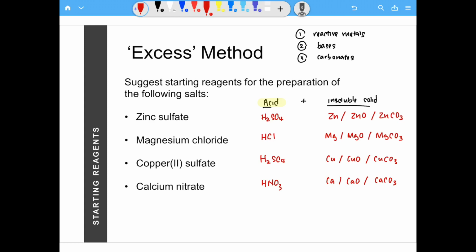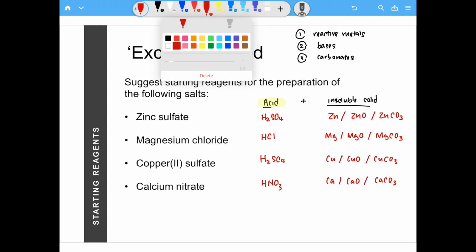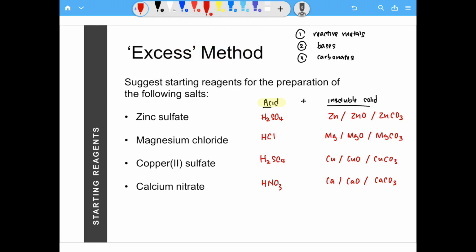Now, however, in the reaction of acids, there are certain exceptions that we must be highly sensitive to. These are the exceptions in the reaction of acids with metals. Copper is too unreactive to react with acids. So in the preparation of copper(II) sulfate, we cannot use copper metal as it's too unreactive to react with an acid.